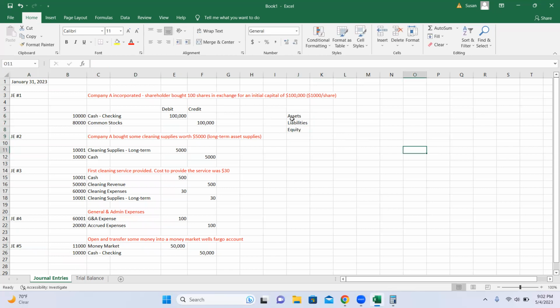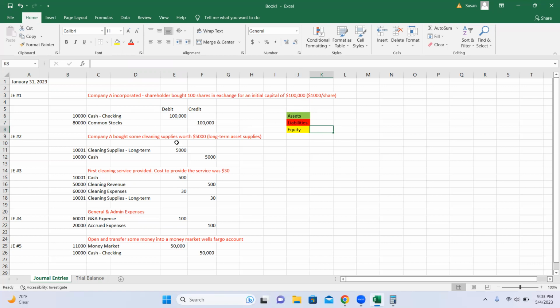So what this means, and I'll just color code it for you, is basically all the stuff you have is funded either by you putting money in, such as the shareholders initially capitalizing the company, or if it's funded by liabilities, such as money that doesn't belong to you.